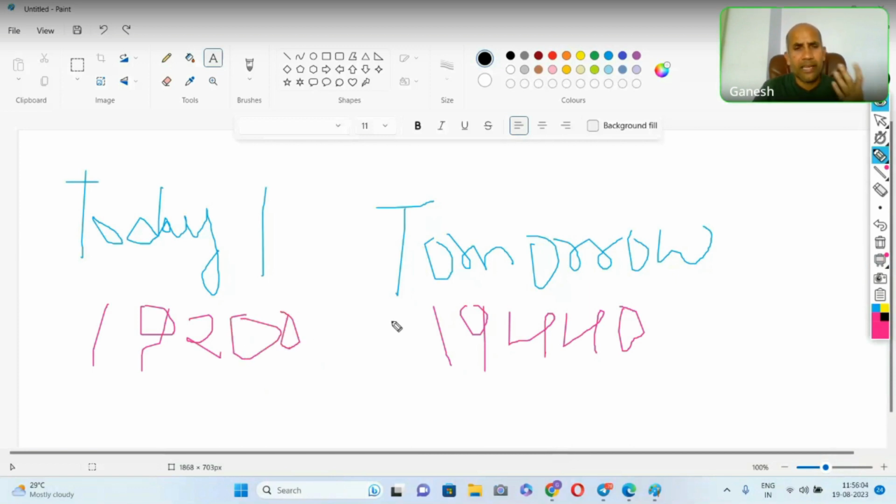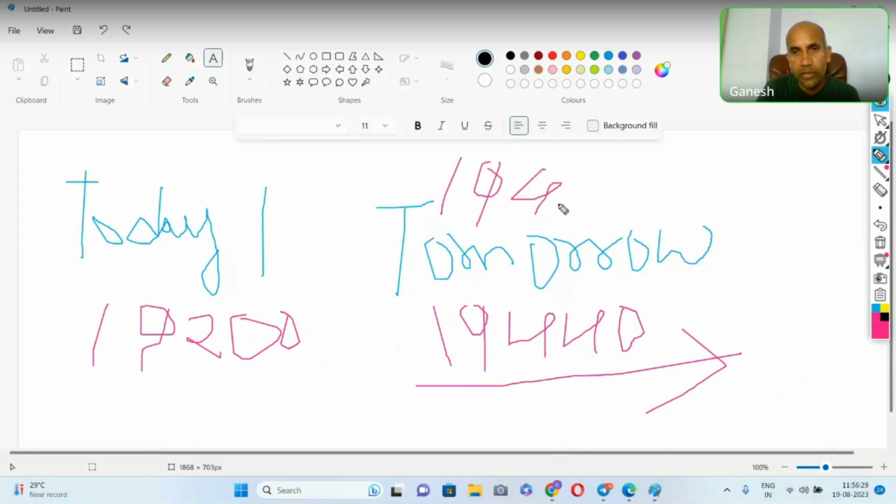Let's say tomorrow something happens and the market crosses 19,440. What will happen? This is called short covering. Many of us hear this word every time. Market rallies, and people would say, yeah, this is a short covering rally. What does it mean? Whoever is short at 19,400, we know they were earlier short at 19,400.